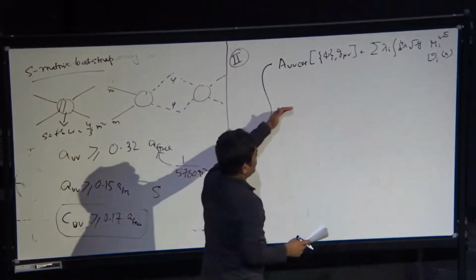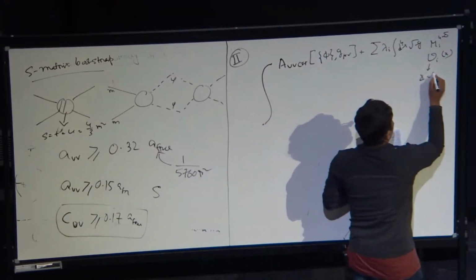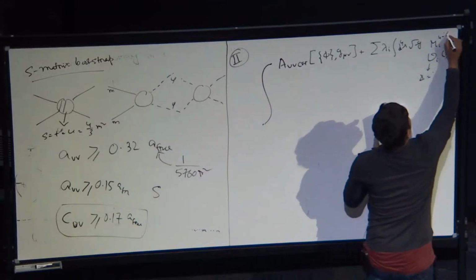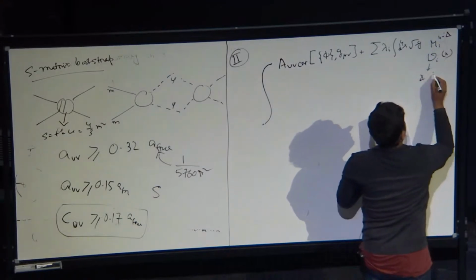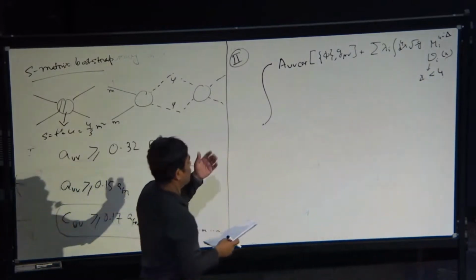This operator has scaling dimension delta, which is less than 4. So this is a relevant operator, and we deform the theory with it.